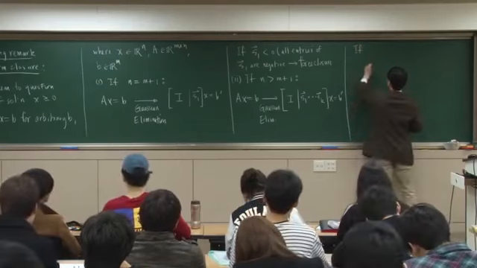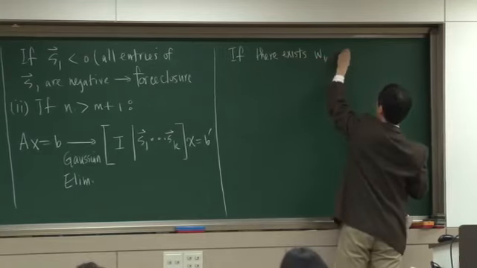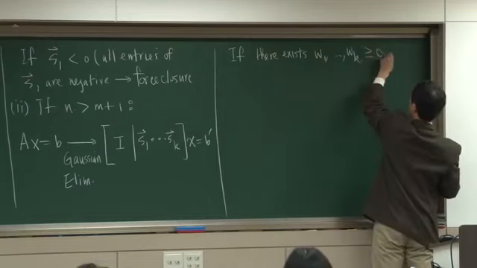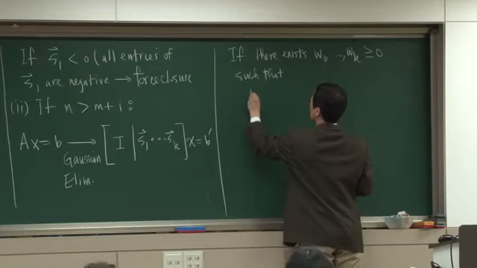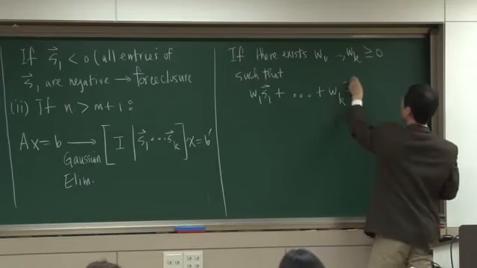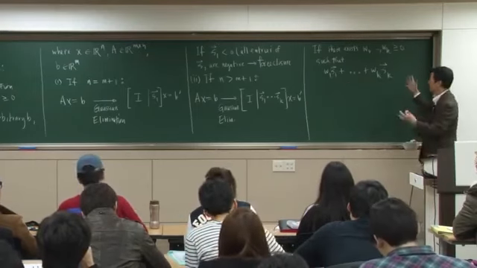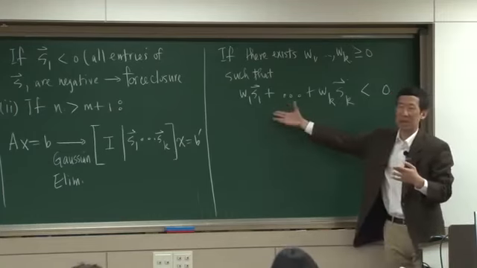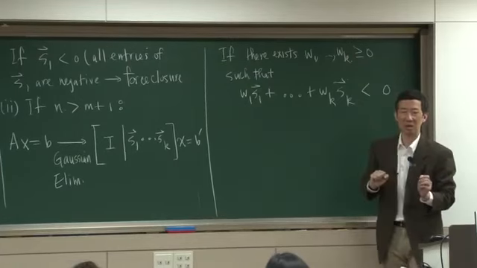If there exist some scalars W1 up to Wk, and these scalars have to be non-negative, such that the linear combination W1 S1 plus dot dot dot plus Wk Sk, this linear combination of k vectors S1 through Sk, is negative, again, negative meaning that all entries of this vector are negative, then we have force closure.